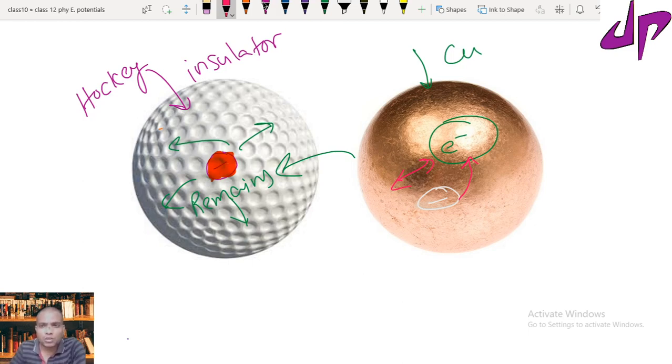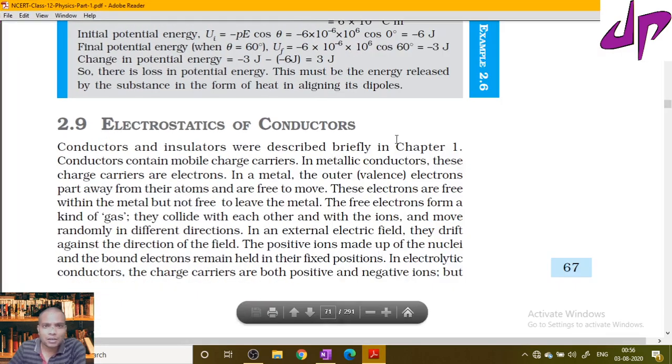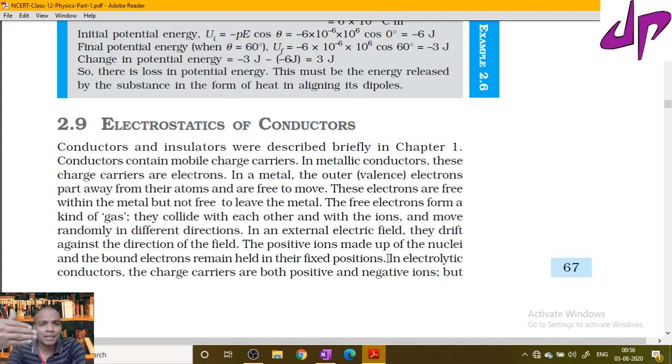That's why the electrostatics of conductors is different: when an external field is applied on a conductor, or when you keep a conductor in an external electric field, that field makes tremendous changes in the conducting material.